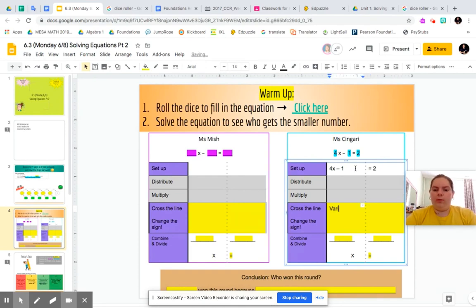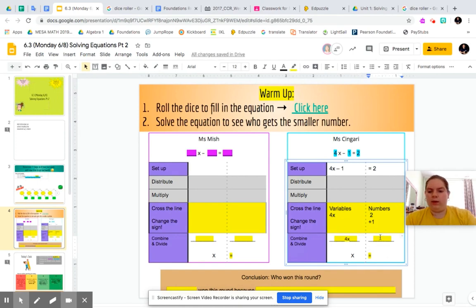Remember, we have variables and numbers. Alrighty, so under my variables, all I see is 4x. But for my numbers, I have the 2 that was already on this side. And then I have this -1, but it's going to cross the line, so it's going to be +1. Combine like terms, I have 4x here. There's nothing else.